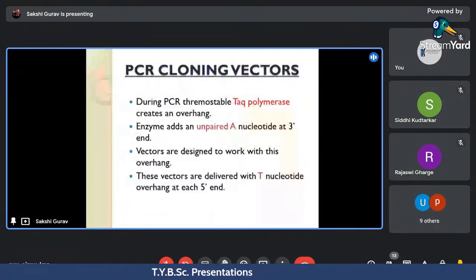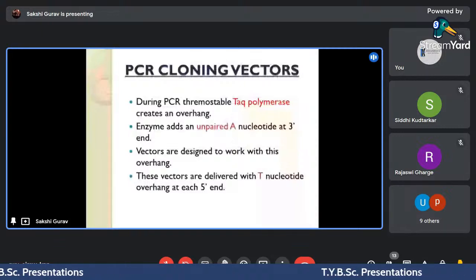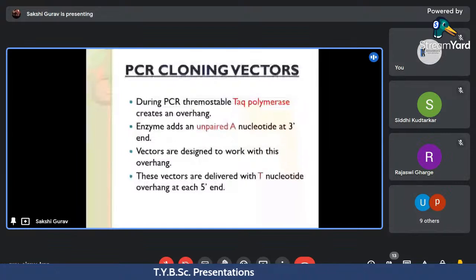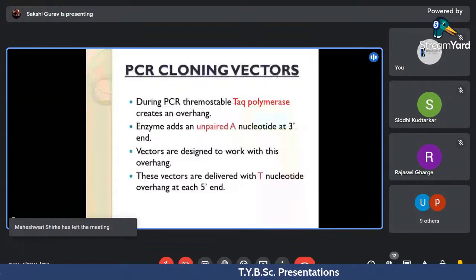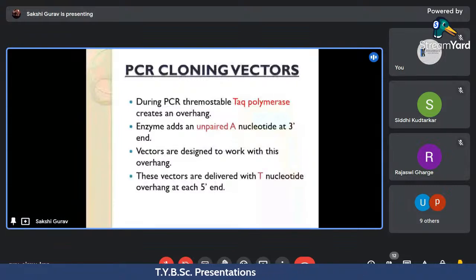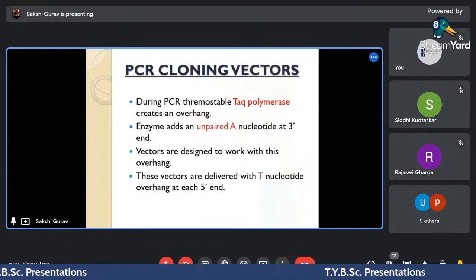It creates an overhang at the 3' end, where the enzyme adds an unpaired A nucleotide, that is adenine, at the 3' end. So as blunt ends are not formed, it is impossible to clone that DNA.